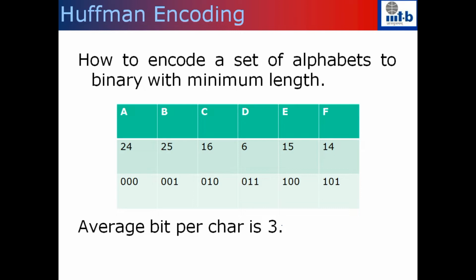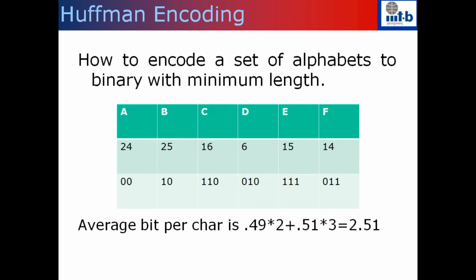So is there an alternative way of encoding this? Probably with a variable encoding scheme, so that on average the number of bits per character that we use is minimum. Let's look at one possible solution.